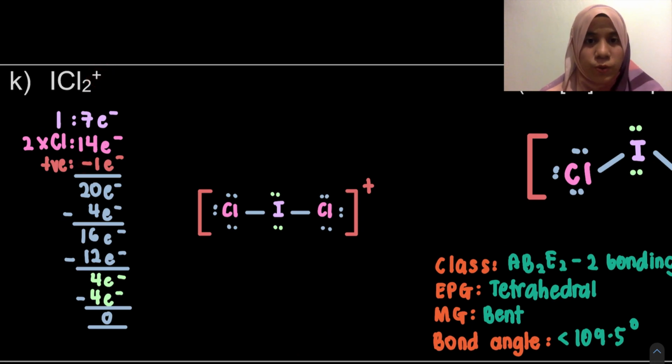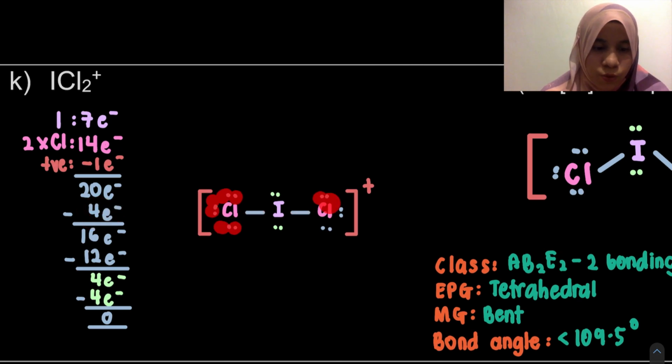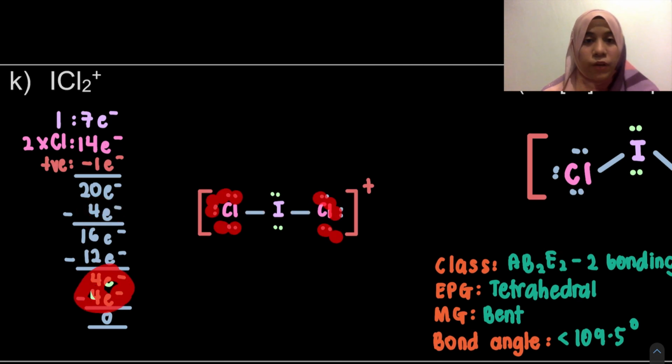Again, which one will be the center, the least amount of atom, which is our iodine. For iodine, it has 2 bonds, minus 4. Then the 16, here we have 12. So in total we have 4 more electrons.